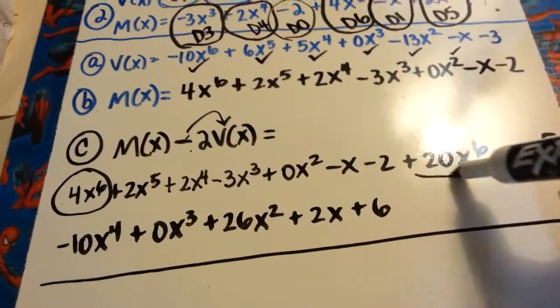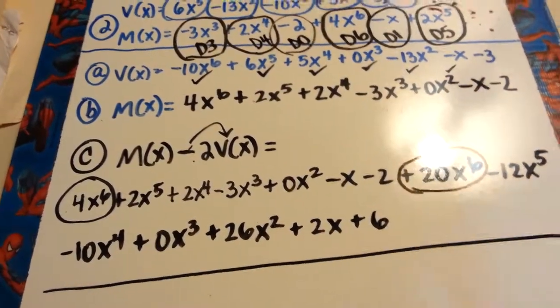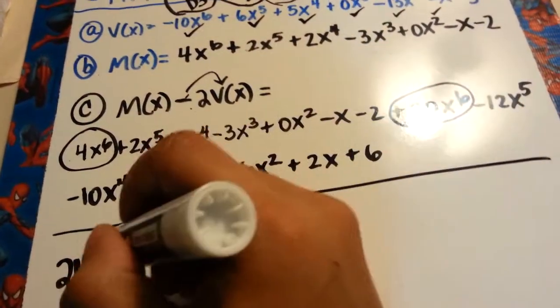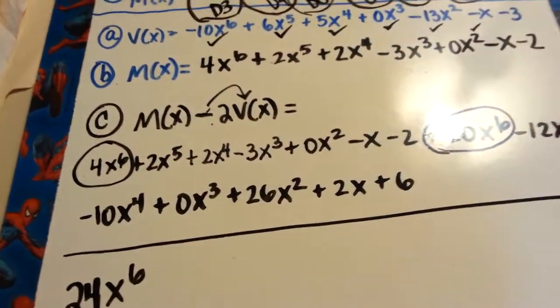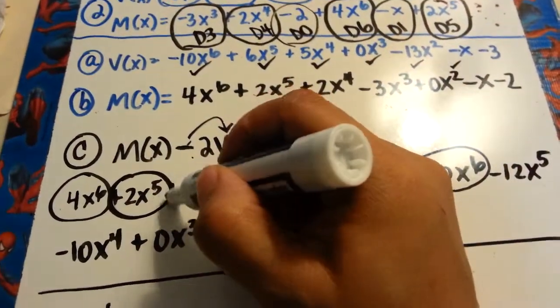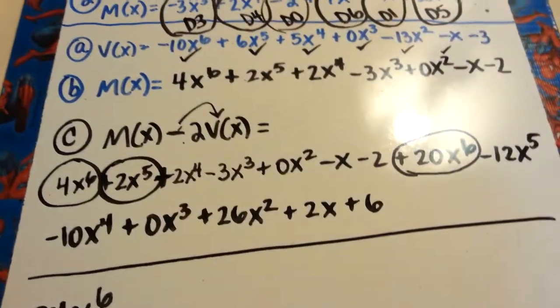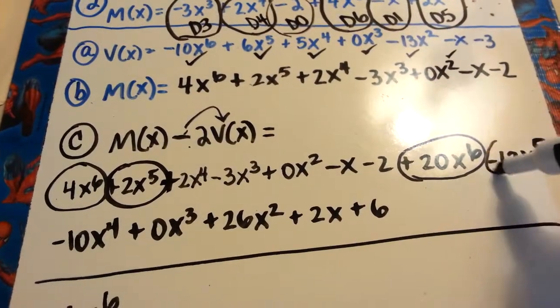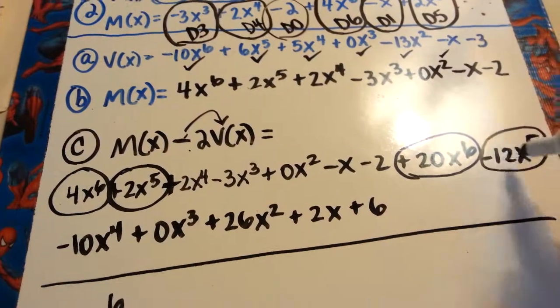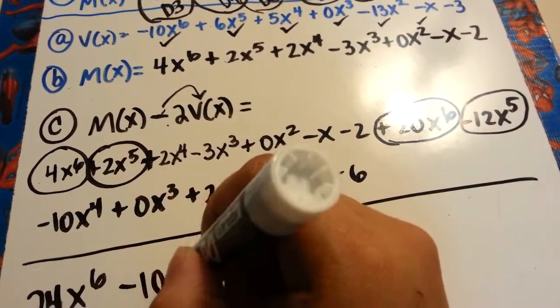X to the 6th, here's another one. 4 and 20 is 24. Okay. X to the 5th, so don't forget that's a positive sign right there, but this one is negative. So 2 minus 12 is minus 10.